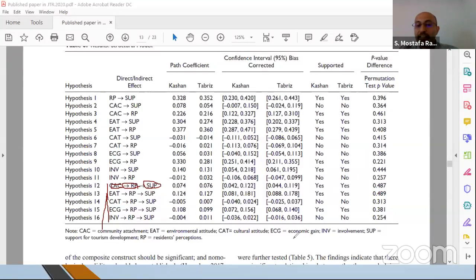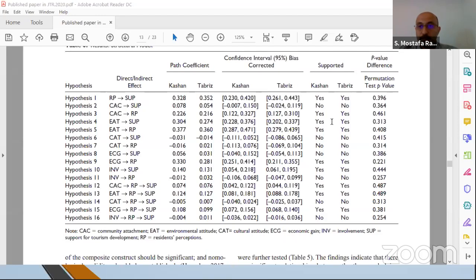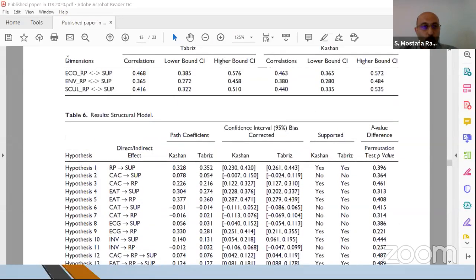So this is the way that we can write the result in the hypothesis testing table. This table is hypothesis testing. So we have all hypotheses, including direct and indirect hypotheses. So this is the way that we can report hypotheses.